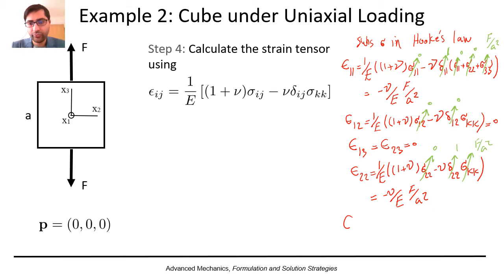And finally, for epsilon 3, 3, we have 1 over E multiplied by 1 plus nu multiplied by sigma 3, 3 minus nu delta 3, 3 sigma kk.